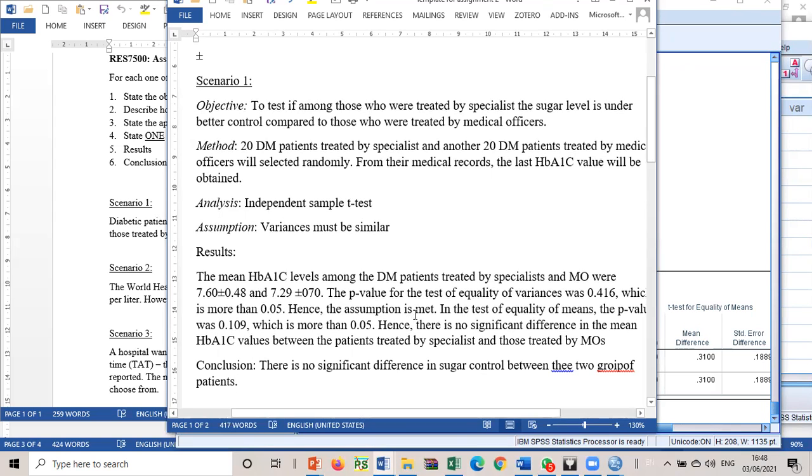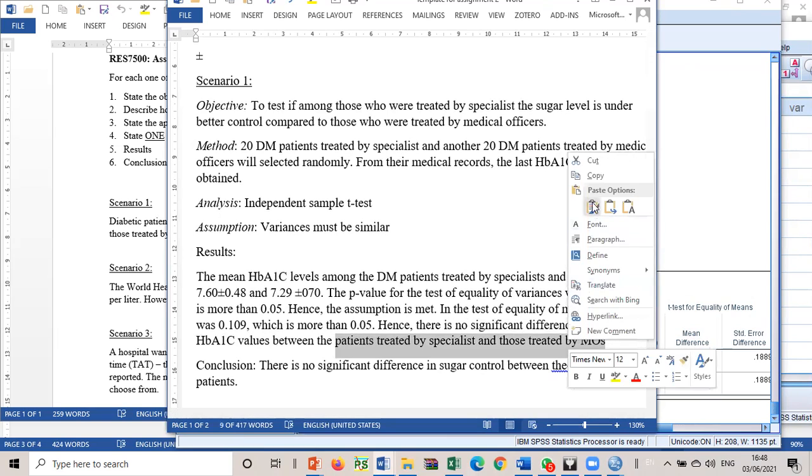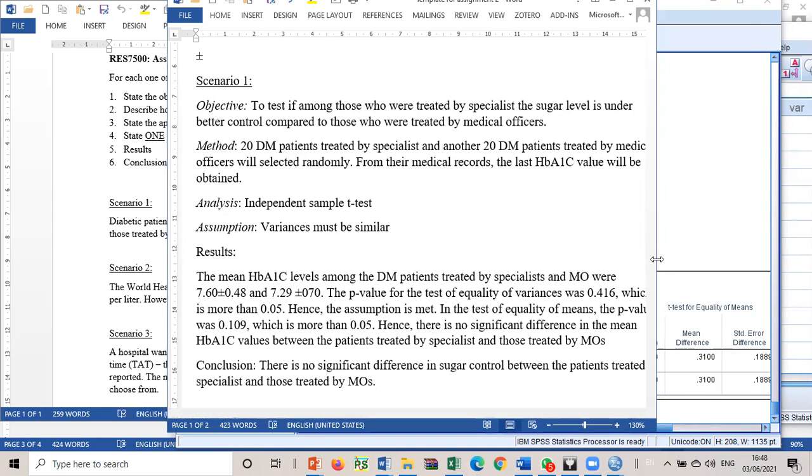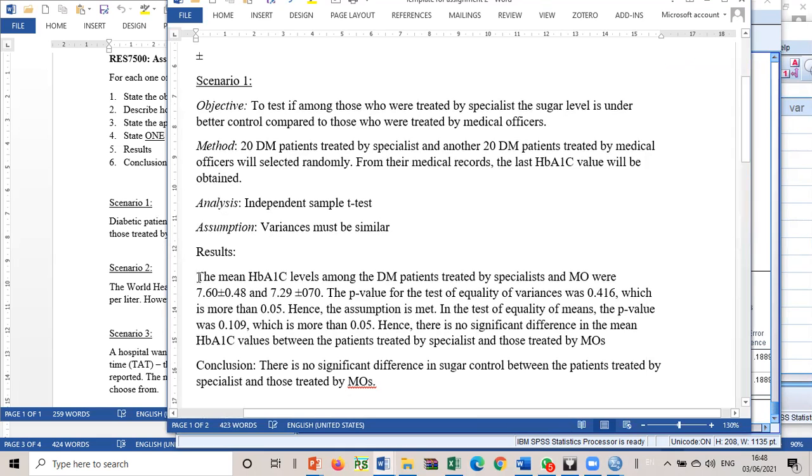I can write patients treated by specialists and those treated by MOs. No significant difference in sugar level control between the patients treated by specialists and those treated by MOs. Be more specific. What is expected? We're going to bring it up here.